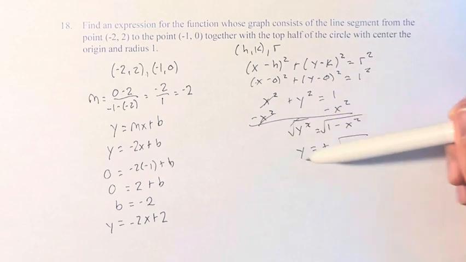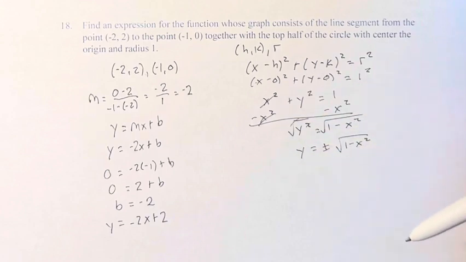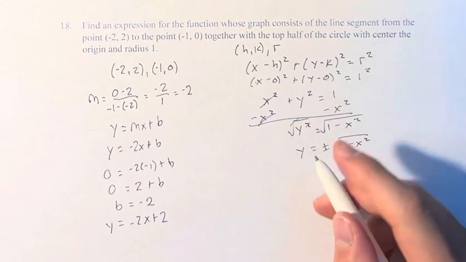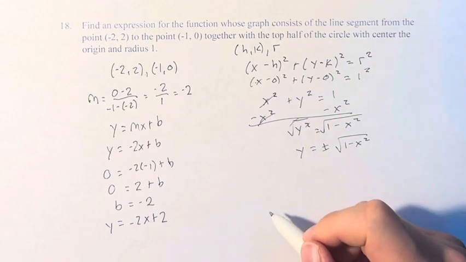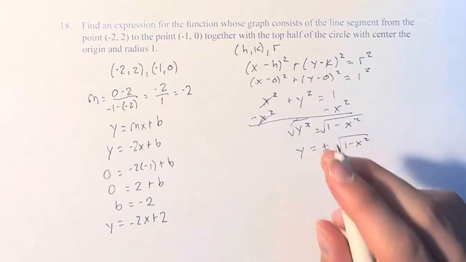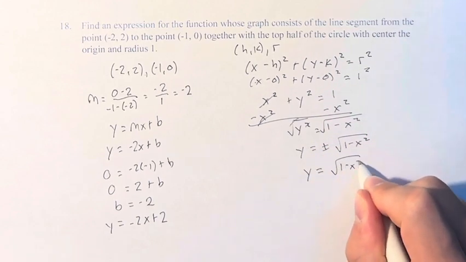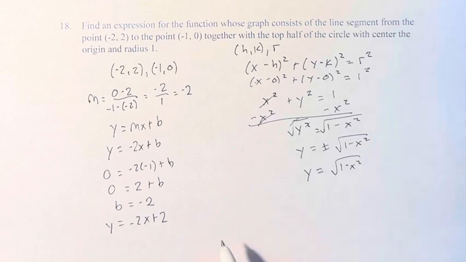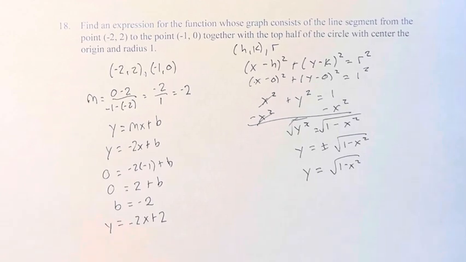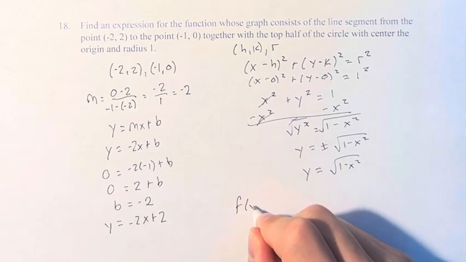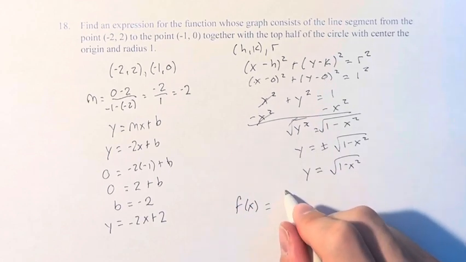So when you're taking the square root of a square, you have to say plus or minus. So this is the graph of the circle. Plus or minus forms the 2 halves. We're only looking for the top half, so it's just y is equal to positive square root of 1 minus x squared.